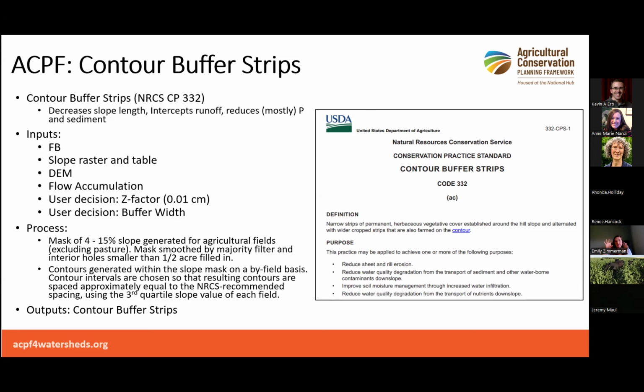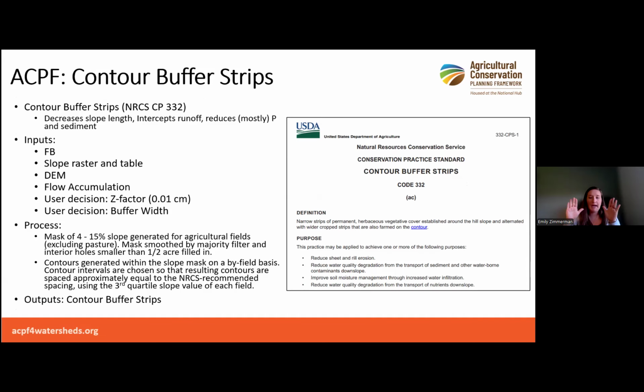And then once we've identified all those areas, we go through a process to smooth that landscape so there's not little holes, but basically identify all those candidate areas. And then we generate contours within those areas so that we're getting the spacing equivalent of NRCS recommended standards. In this case, we use the third quartile slope value of each field.